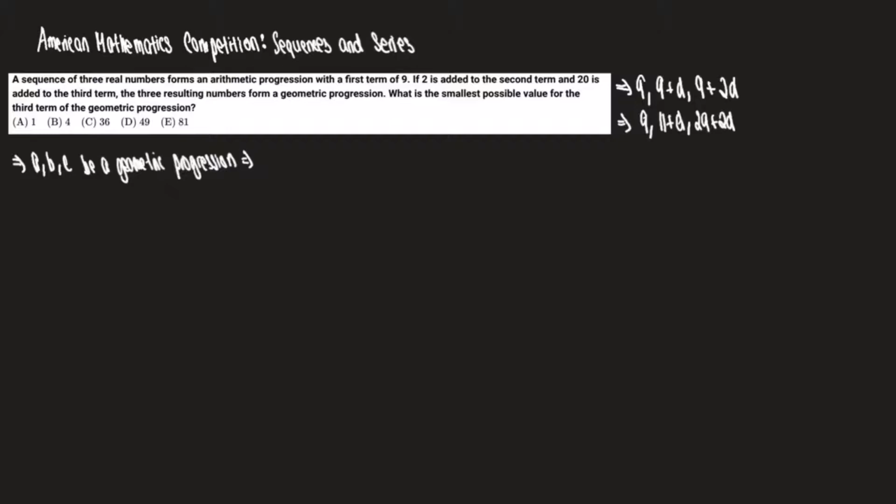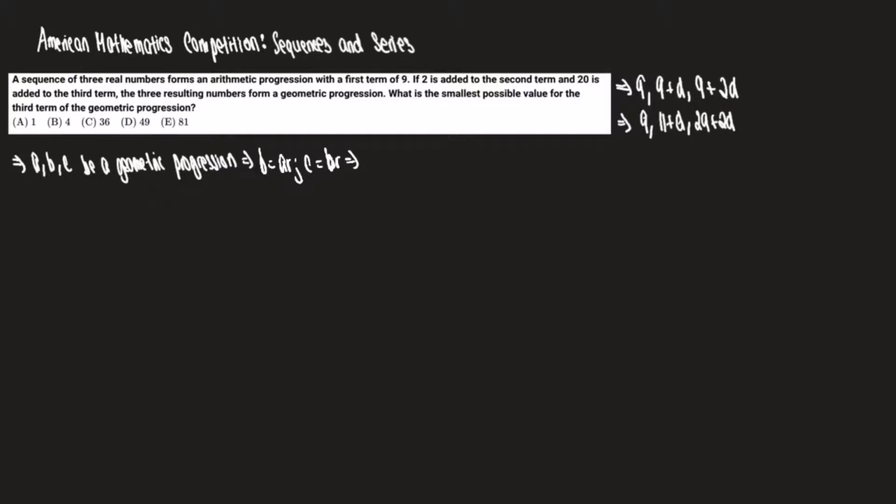Actually, I want you guys to pause the video and think about that. Alright. So the relationship between A, B, and C is that B is going to be equal to AR and C is going to be equal to BR.